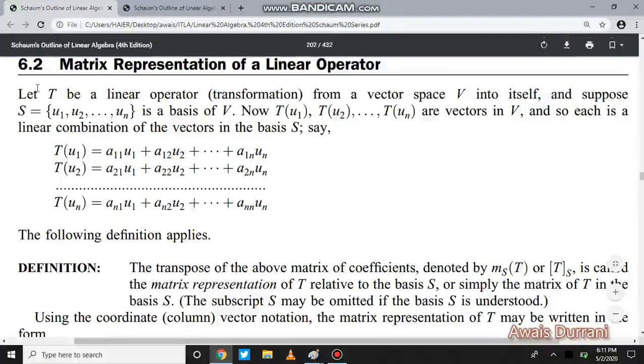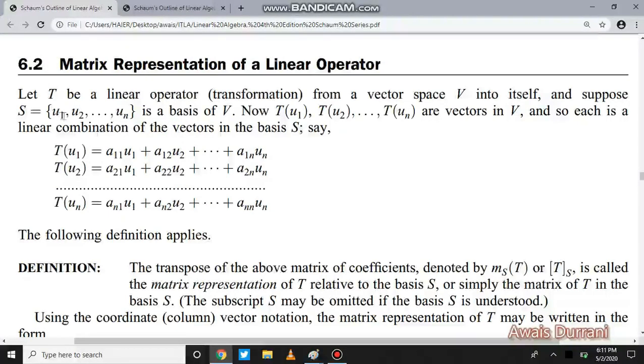So suppose we have a linear transformation V into V, and suppose this set U1, U2 up to UN makes the basis of the vector space V. It means that every element of V can be written in the form of a linear combination of all these elements.